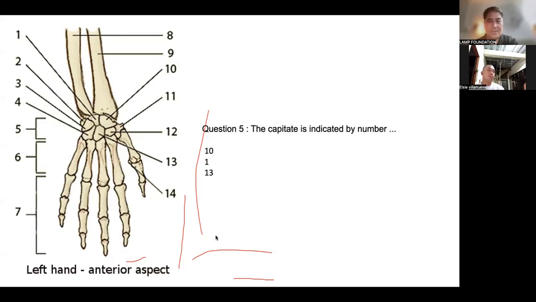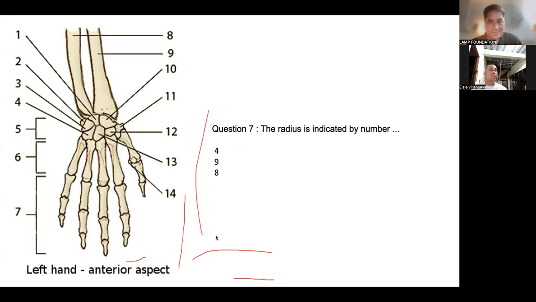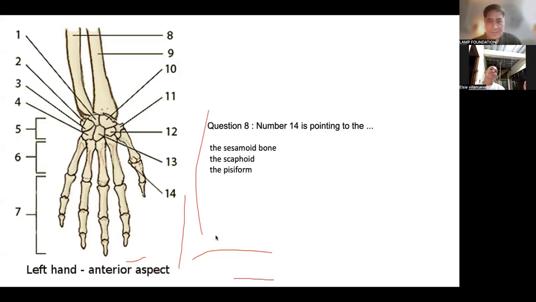Capitate. Number 13. 1, the lunate. Radius. Number 9. 14.